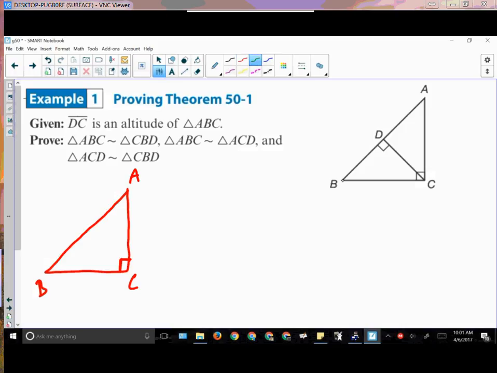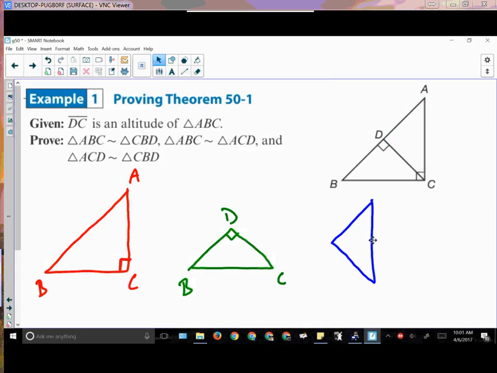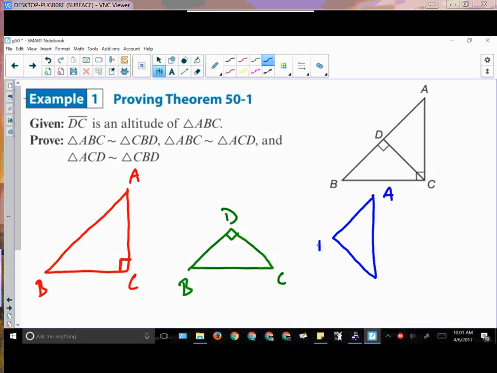Next triangle I've got is triangle B, D with the right angle there, and C. And last but not least will be this triangle over here, and that will be A, B, and C with the right angle being here.